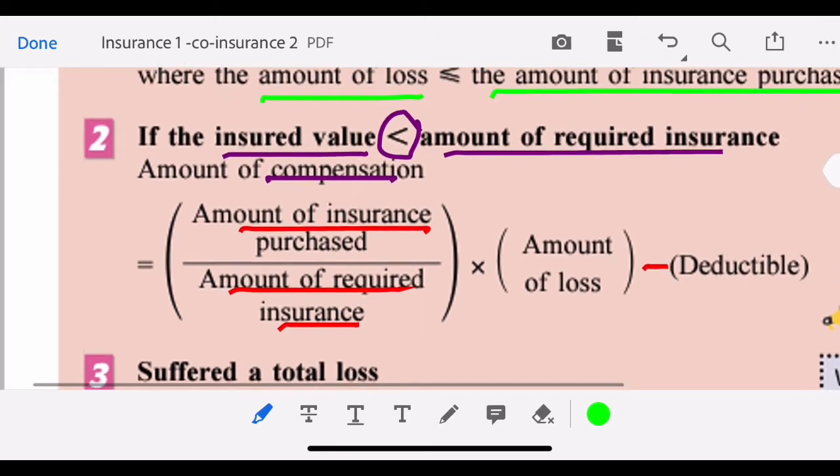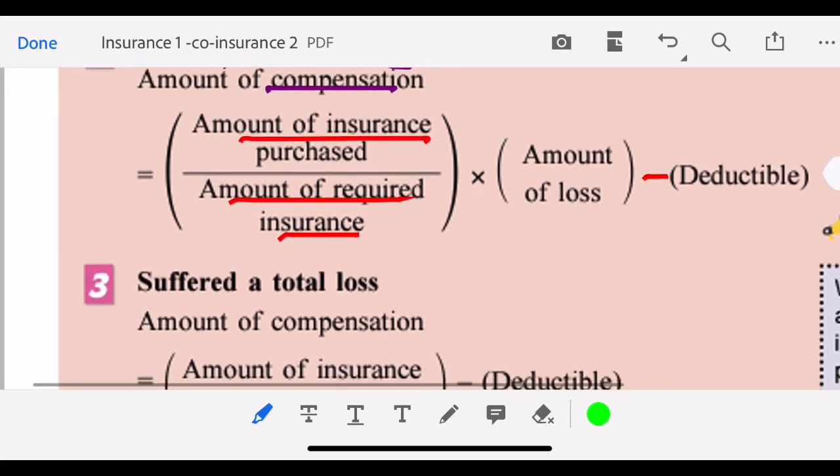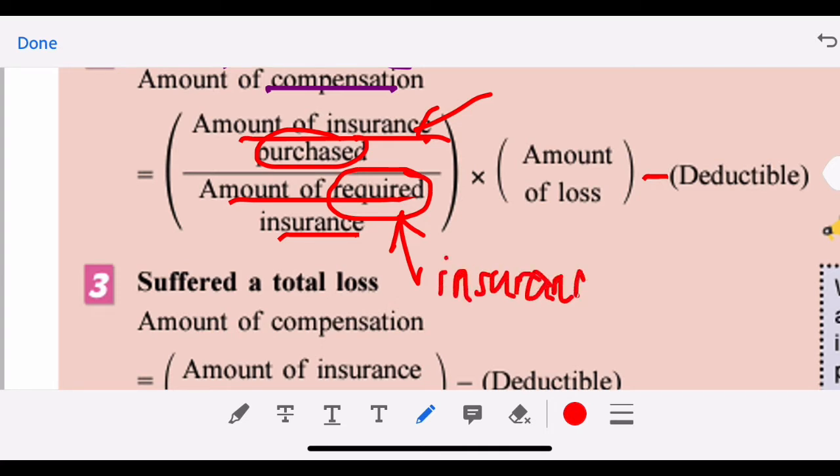When it is less than the amount of required insurance, we have the amount of insurance purchased over the amount required. The amount purchased is from the policyholder. The amount required is from the insurance company, who will fix the value.